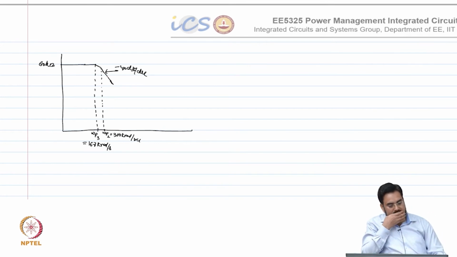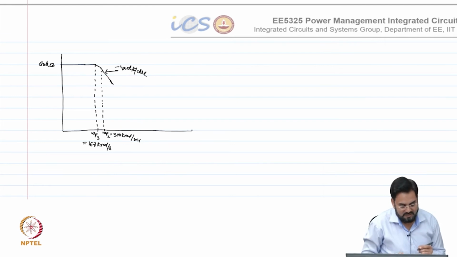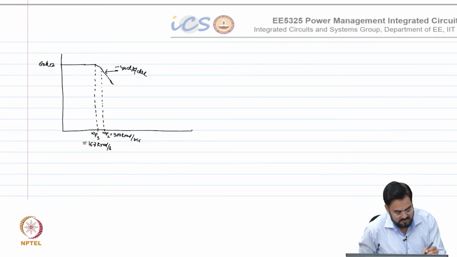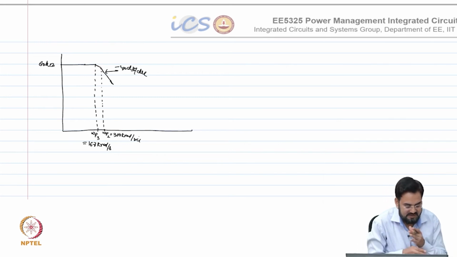So, where will be your UGB? At what frequency? 3000, because per decade 60 minus 20, so it will be 40. No, you have to drop by almost pretty close to 60 dB, because these poles are very close.